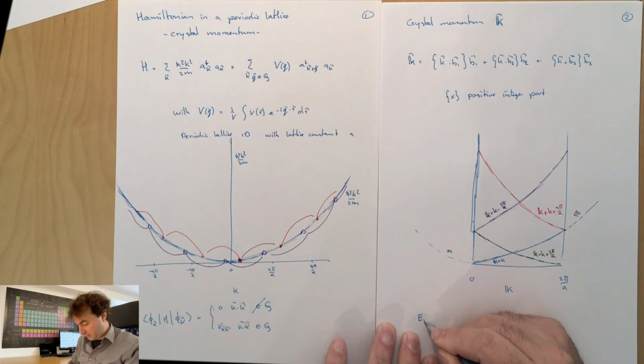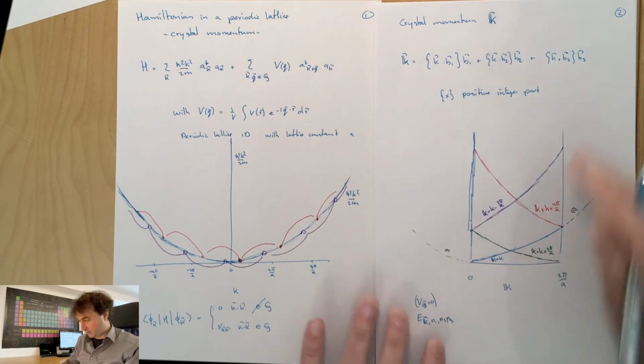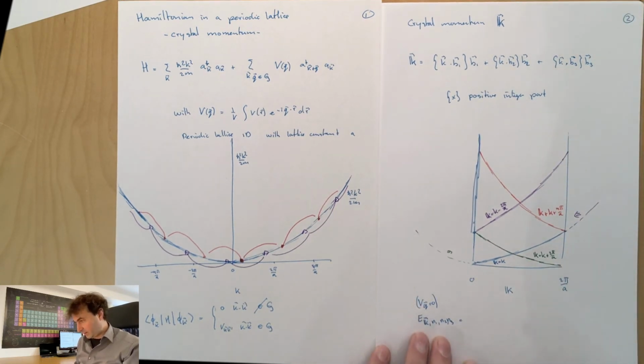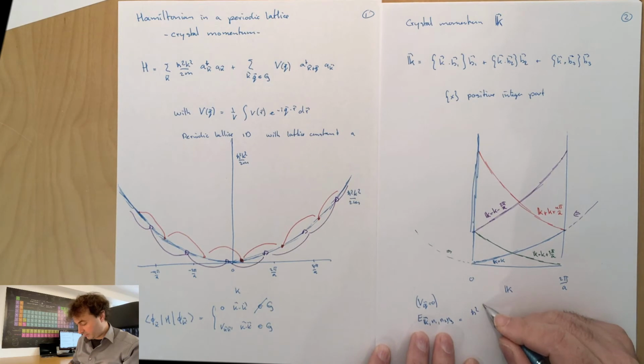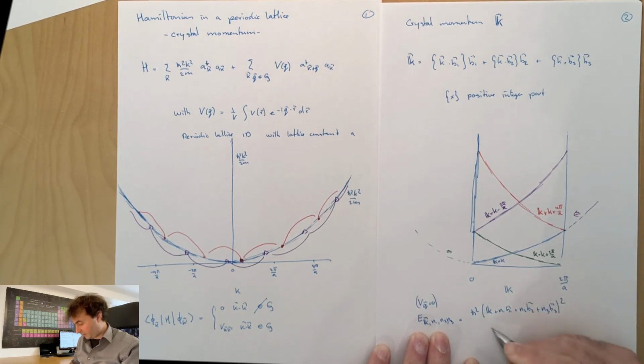The energies that we have as a function of crystal momentum, and now we need more quantum numbers, because as a function of crystal momentum I now have several energies. For the case where the potential is 0, we can write this as h bar squared, and then we have the full momentum squared, which is the crystal momentum plus n1 b1 plus n2 b2 plus n3 b3, squared, divided by 2m.